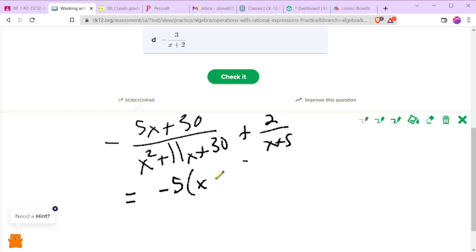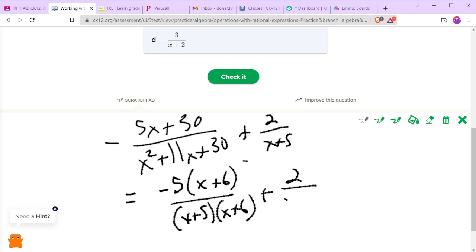So we'll factor out our numerator here. And our denominator, two numbers that multiply out to 30 but add up to 11, are 5 and 6. Now notice the x plus 6's can cancel.